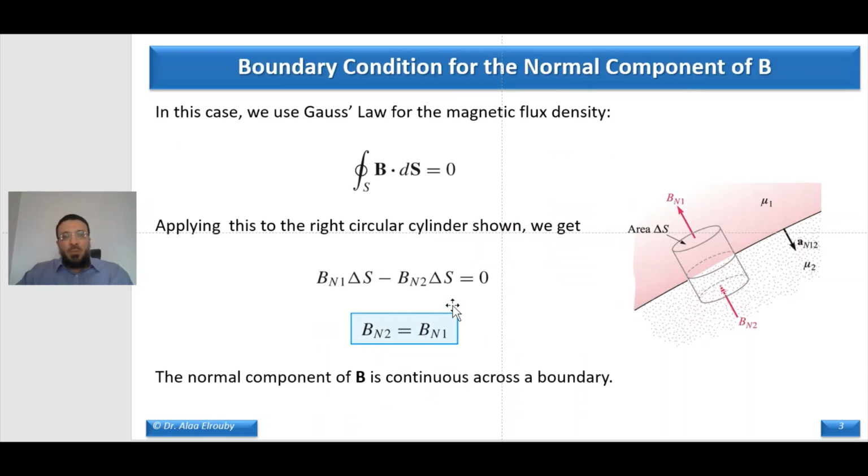So let us start with the normal component, and in order to come up with the rule regarding this, we're gonna construct a very short cylinder. The height is very short, the axis is perpendicular to the interface, and of course the surface area or the base of this cylinder is a very small one.